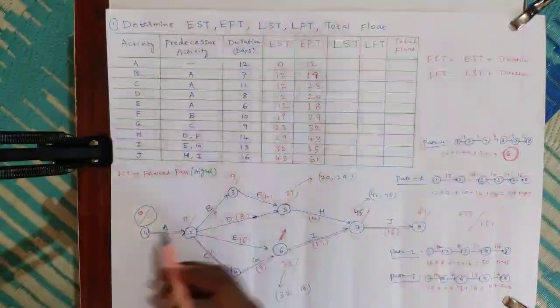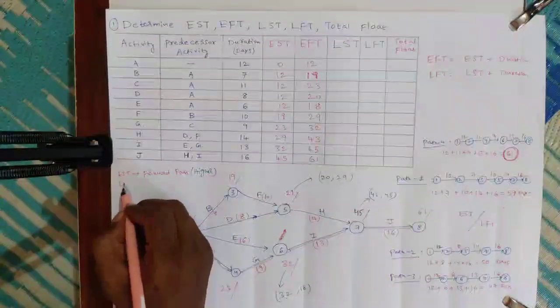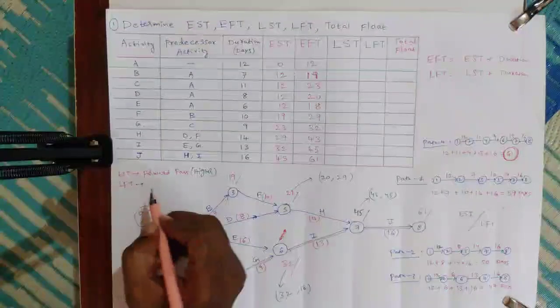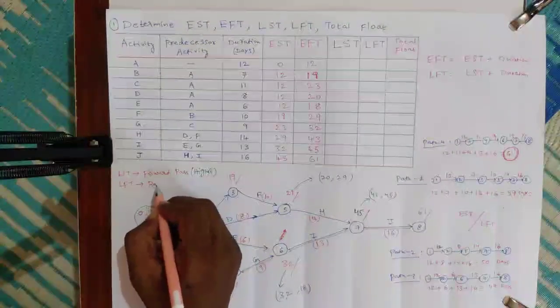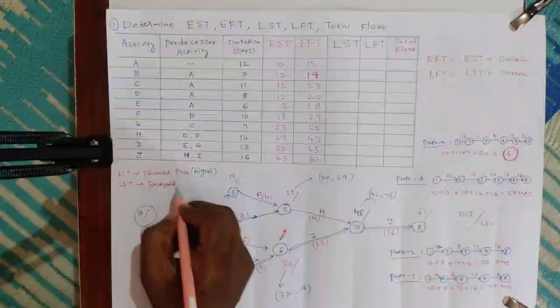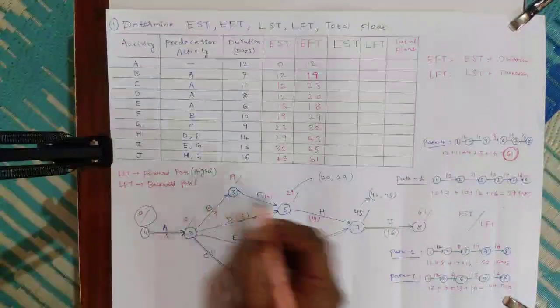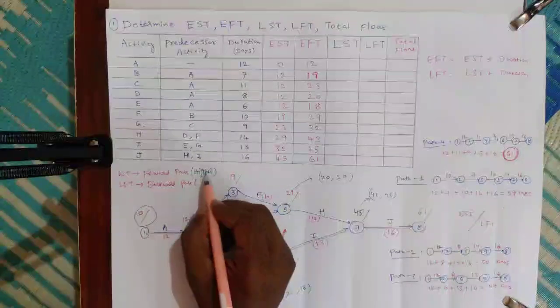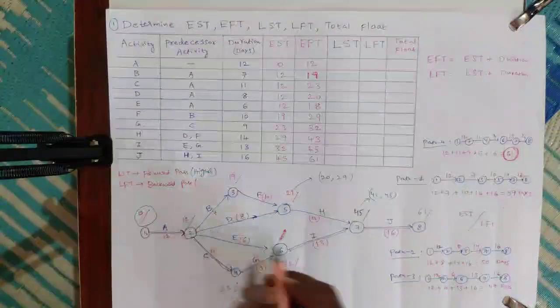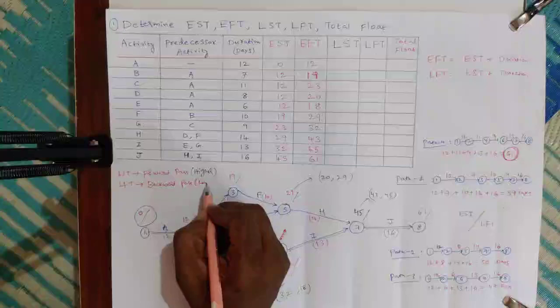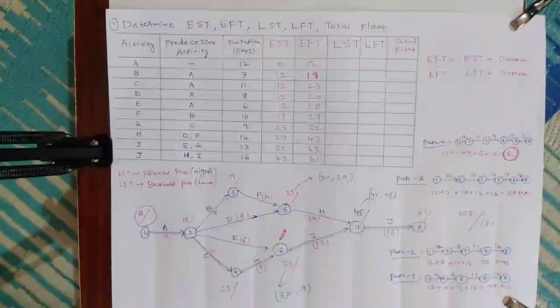Similarly, we will find LFT. This LFT we will do by backward pass. Here in forward pass, if two values are coming, the higher value we are taking. In backward pass, if two values are coming like this, the lower value we will consider.